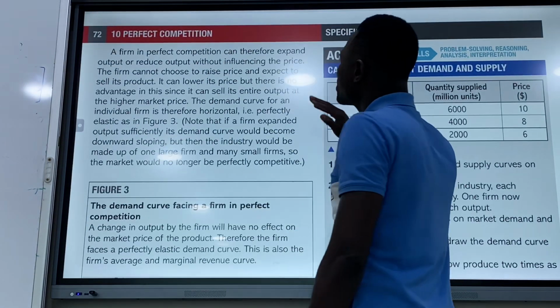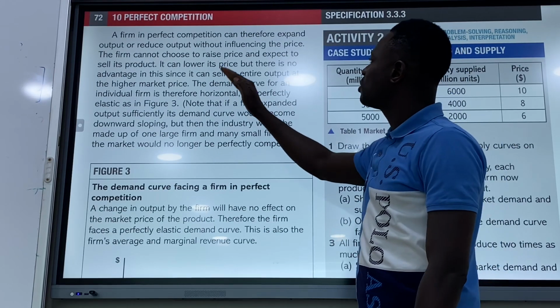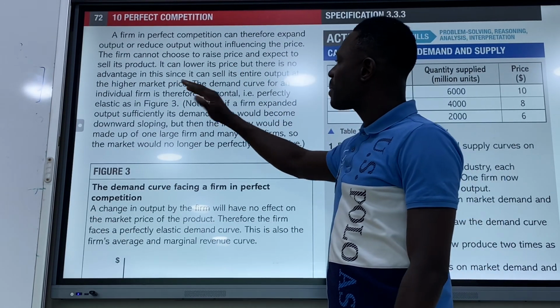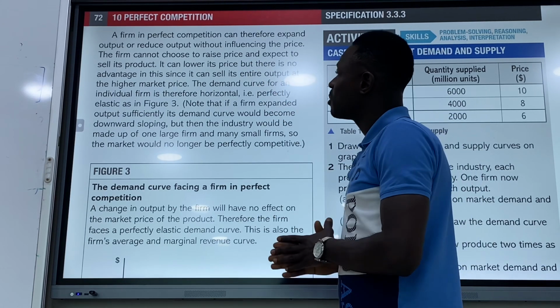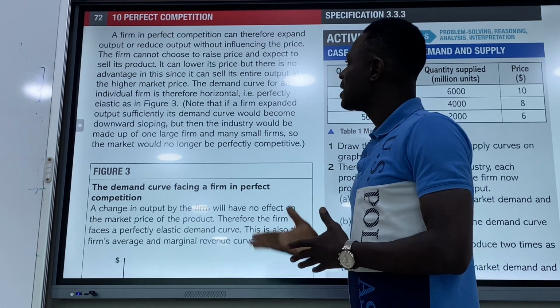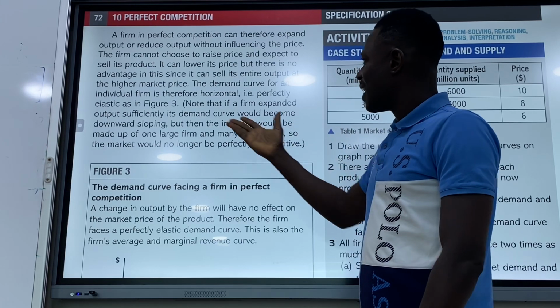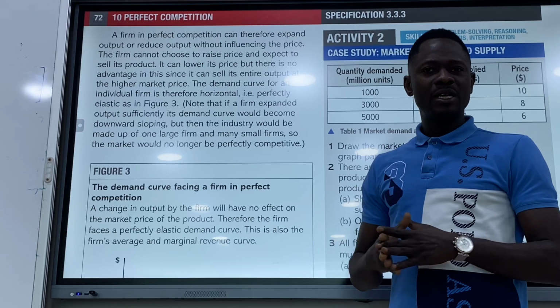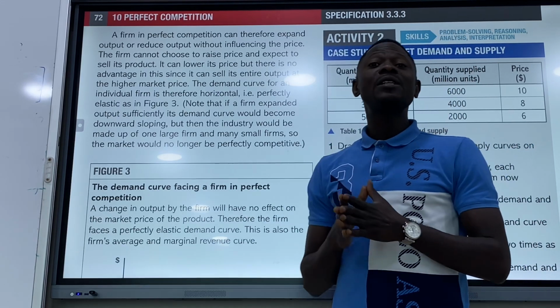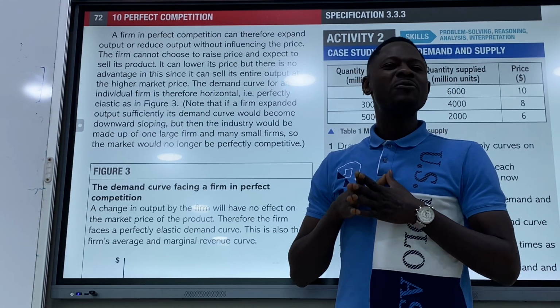So a firm in a perfect competition can therefore expand output or reduce output without influencing the price. The firm cannot choose to raise the price and expect to sell its product. It can lower its price, but there is no advantage in this, since it can sell its entire output at the higher market price. So a firm in an industry can decide to increase its output, but it cannot influence price.